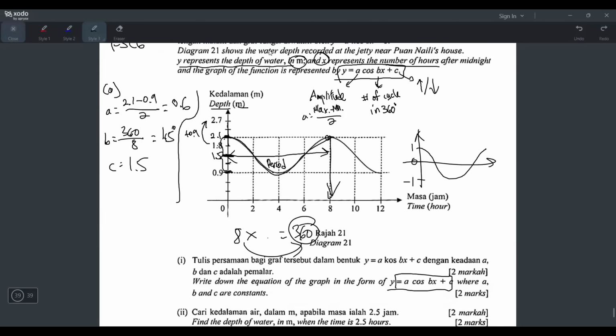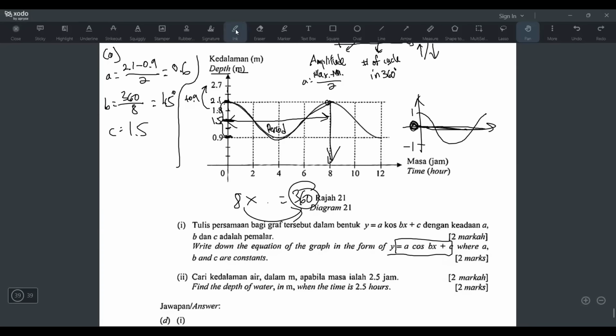Because originally it's at 0, but now the center line moves up. It's here already. So your C is 1.5. Understand? Originally it's down here, but now it's moved up from 0 to 1.5. The center line changes from 0 to 1.5. That means the C is 1.5.